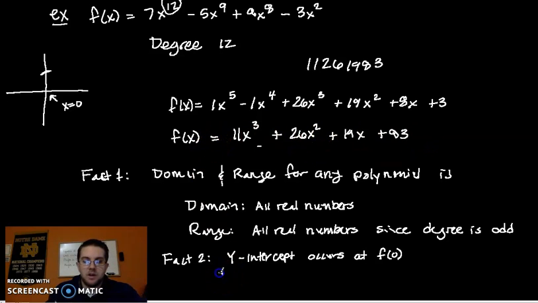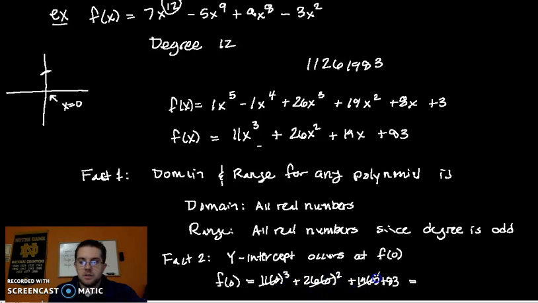Okay, so for ours it would be f of 0 equals 11 times 0 cubed plus 26 times 0 squared plus 19 times 0 plus 83. And obviously each of these terms vanishes because when you multiply by 0 you get 0. So our y-intercept is 83. Okay?